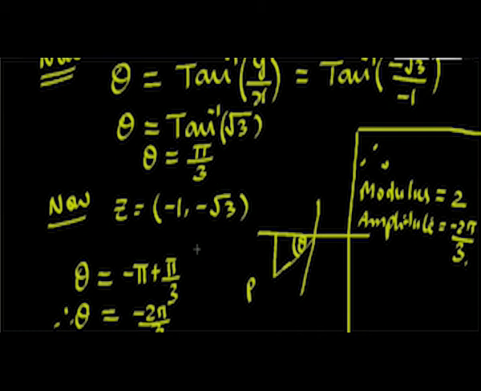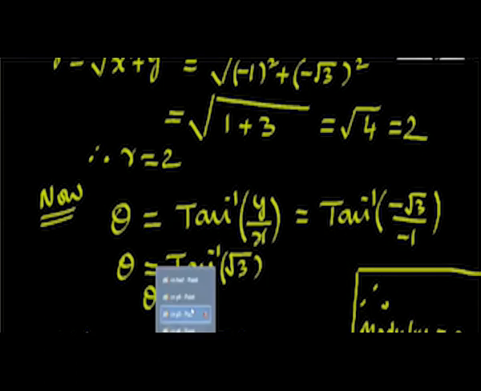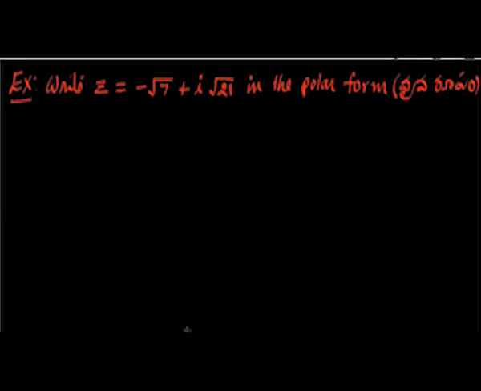We have to find the angle such that it belongs to the third quadrant. So if you take minus 180 plus 60, that will be minus 2 pi by 3. It is nothing but minus 120 degrees. This is the amplitude and this is the modulus of the given complex number. Now let us take up one more problem.